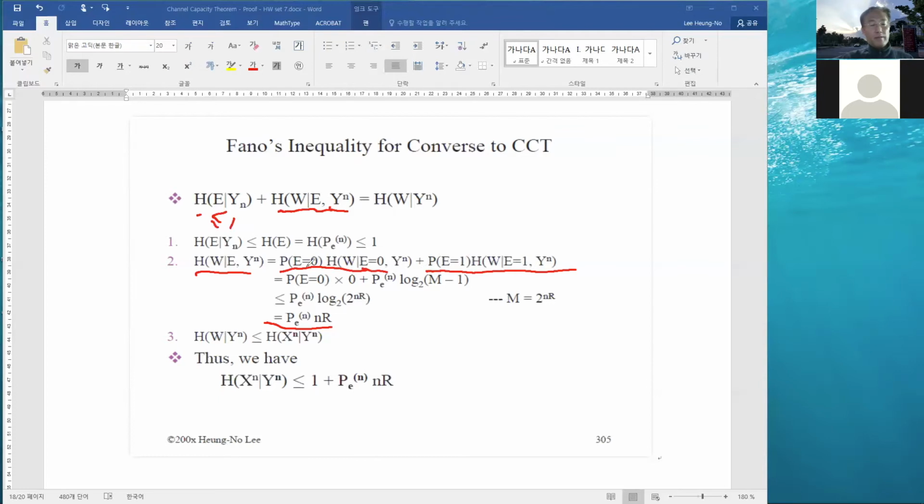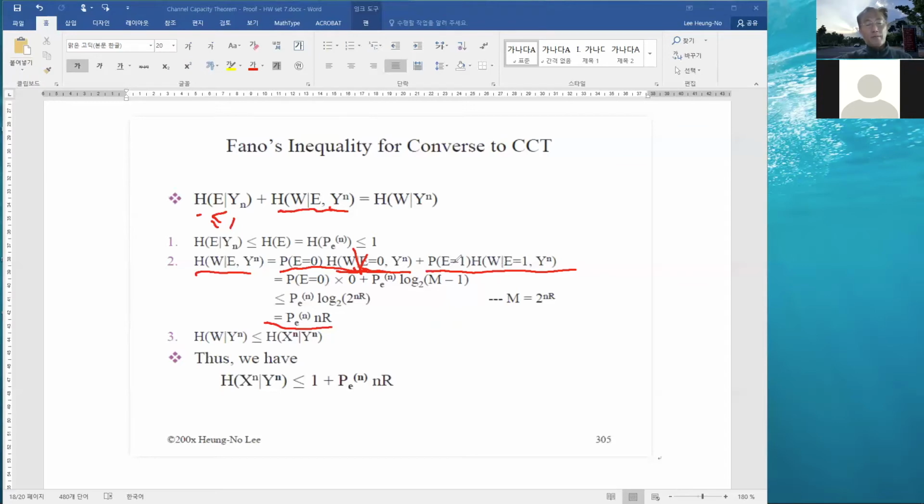After you have done this, we can take a look at the entropy of this item. For the first item, given the received word Yn and no error, there is no uncertainty on the input index W. So the entropy of this part is 0, and the first term is 0.